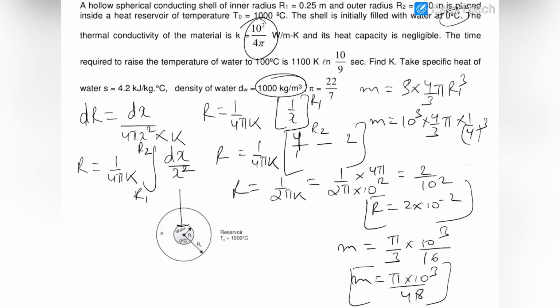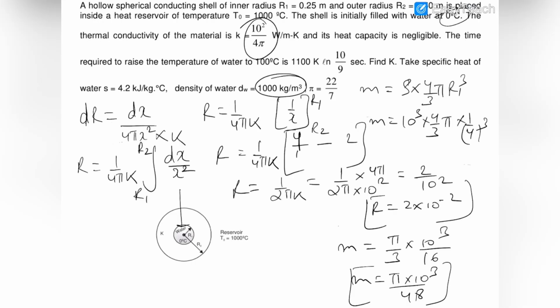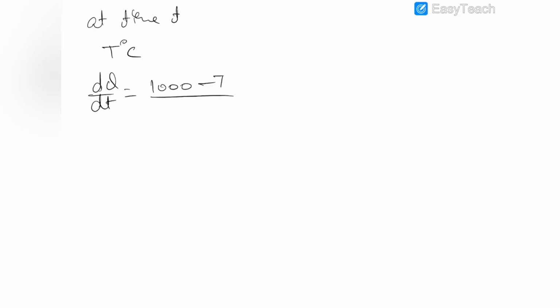At that time, dQ/dt, the heat current, will be equal to (1000 minus T) divided by R, where R is the resistance. R is already calculated, which is 2 into 10 raised to power minus 2.